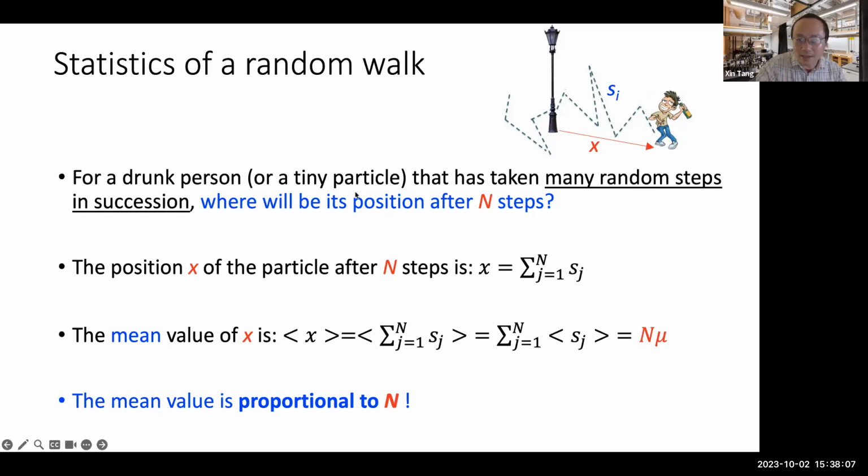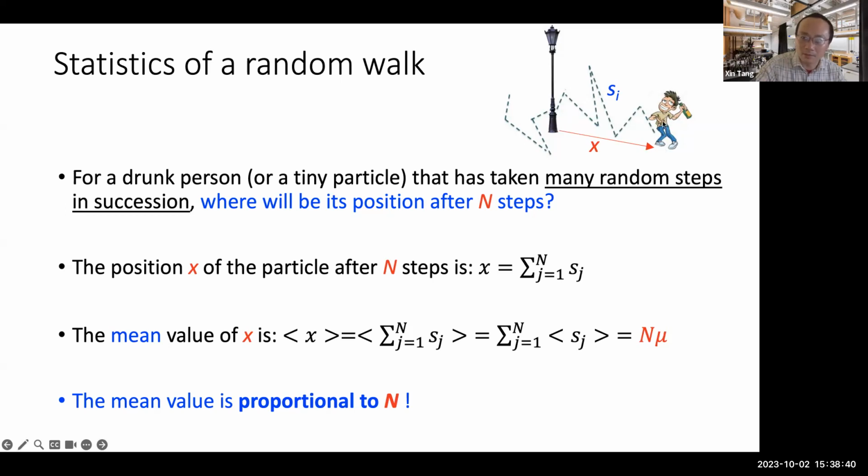So to understand that, we need to do some mathematical derivations. First, the question we want to ask is, after this protein or this tiny particle or this drunk person takes those steps, all the steps are a random walk. Step 1 and step 2 are not correlated. Every step is independent, right? Because the person is drunk, he or she will not remember what he or she did in the previous second, but already forgotten.